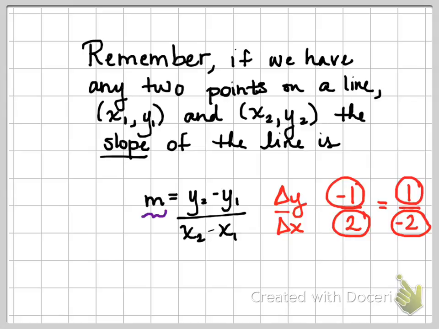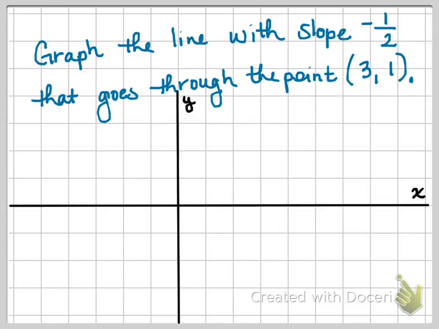So if we go up 1, we should go in the negative x direction, which is left 2. So, there's where we are. If we went up 1, then we should go right 2. So here's another point. There we go. So now what we want to do is connect all these points.